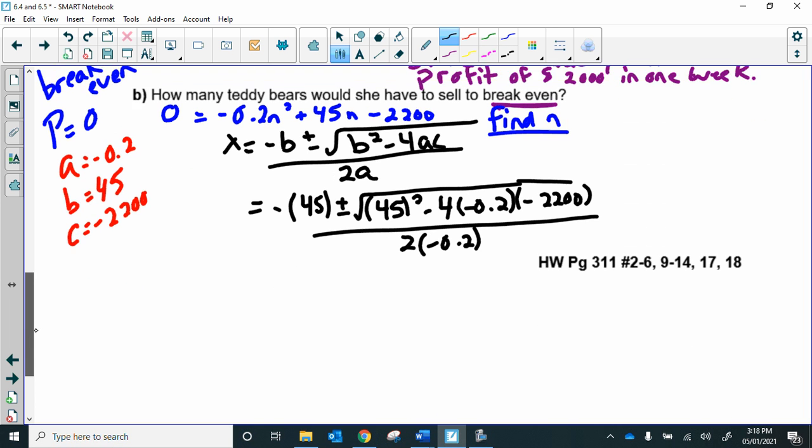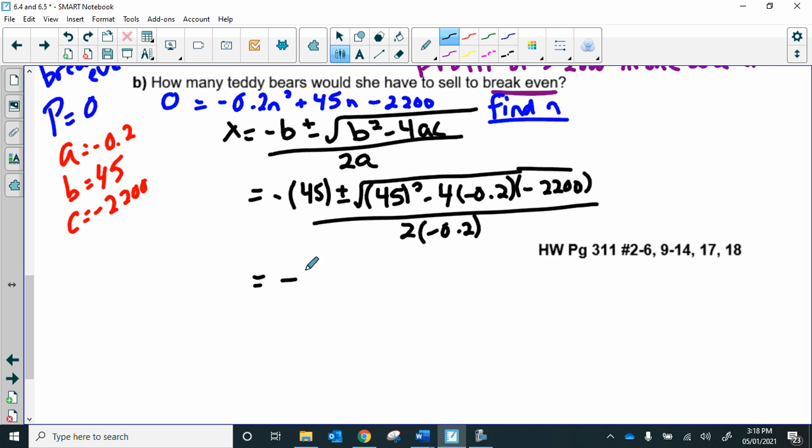Didn't leave you guys a lot of room, did I? So we got negative 45 plus or minus. I'm going to plug all this stuff under the square root into my calculator to get 265 over negative 0.4.